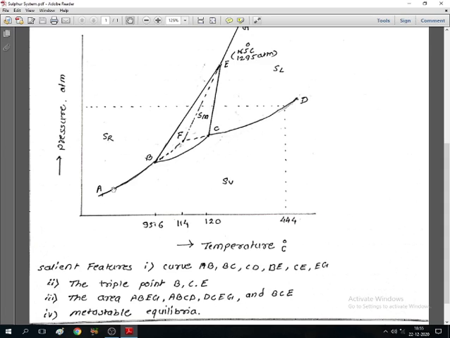Therefore, this curve is called the sublimation curve for the rhombic sulfur. पहिला पॉइंट काय सांगायचा, along this curve AB, SR and SV are in equilibrium, that is rhombic sulfur and vapor sulfur are in equilibrium. This curve is known as the sublimation curve for the rhombic sulfur, right.